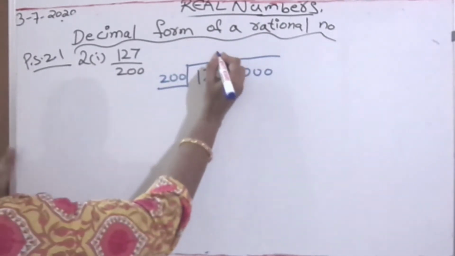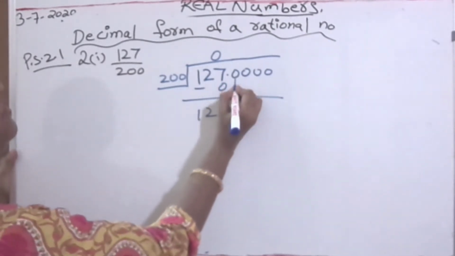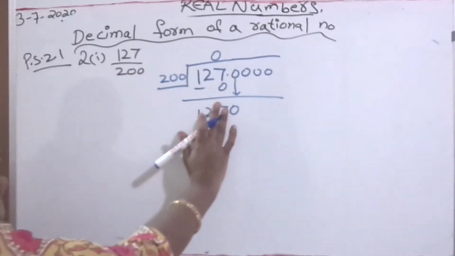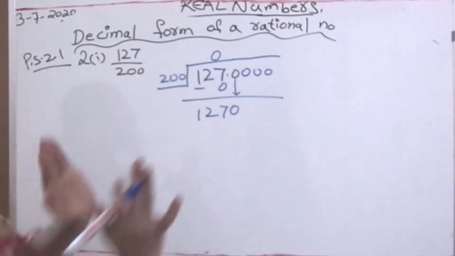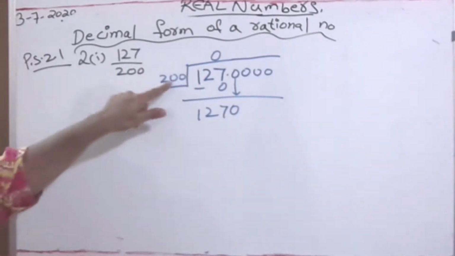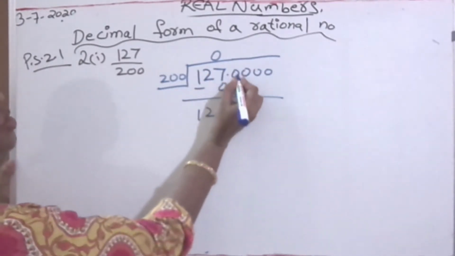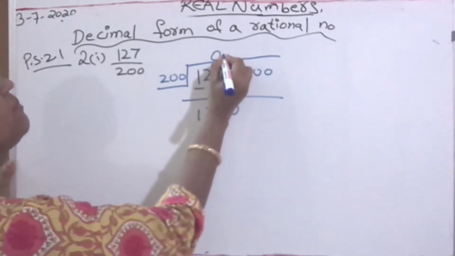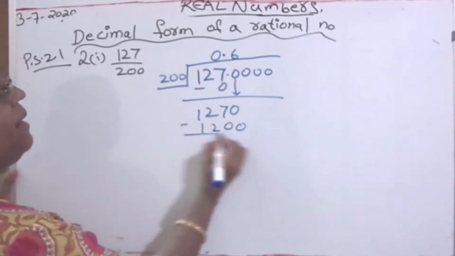No. So 200 zeros are 0. 127. Put on the next number 0. Now what I told you do, hide 70, hide 2 zeros. 2 goes in 12 how many times? 6 times. So 200, there is a decimal point here, but after that you have put down 0. So whenever you are putting down 0, put the decimal point up. 200 6s are 1200. Minus it.